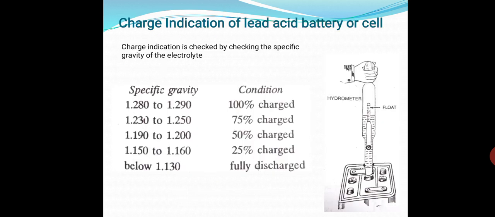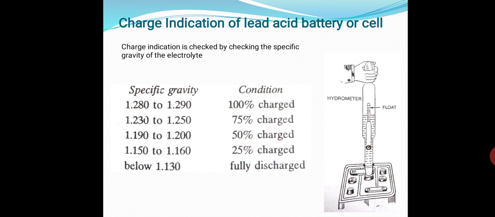Now this is very important, how we can know whether our battery is fully charged, half charged or fully discharged. To understand this there are different methods, but this method that you are seeing here is a very common method which is used to check the charging state of the battery.